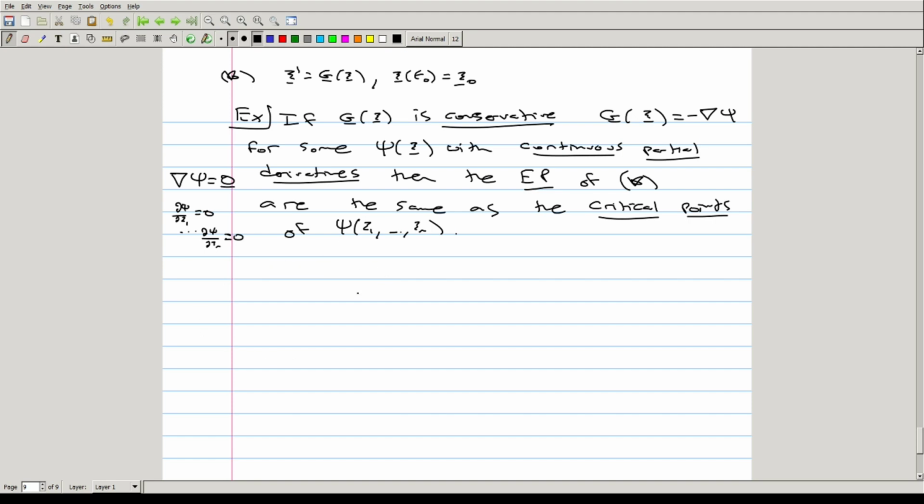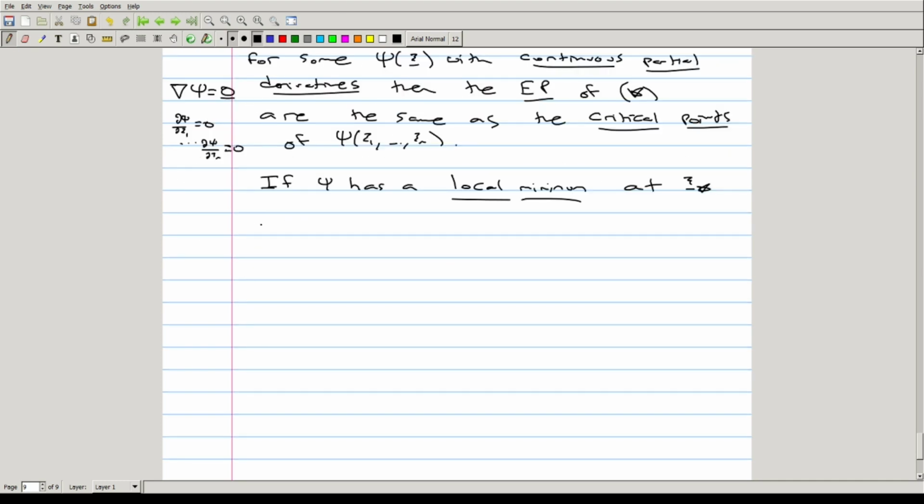And so what we can say then is that if xi star is a critical point, and if the function psi has a local minimum at xi star, then the function V of xi is equal to psi of xi minus psi at the critical point.